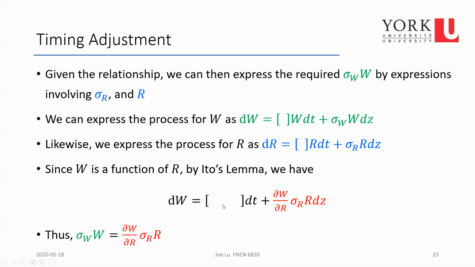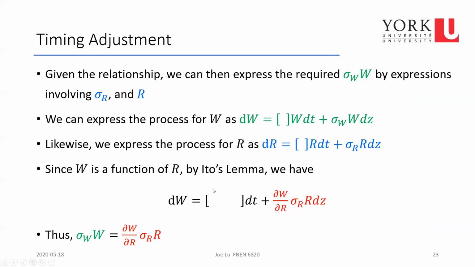dW is then the first partial derivative, dW/dR, times sigma R will be this term.